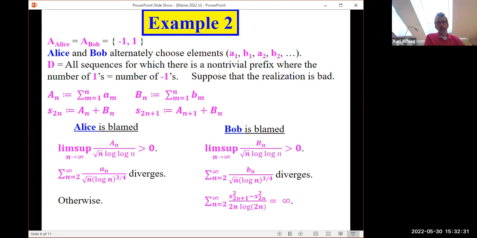Question: will this blame function also work if n is large but not infinite? If n is large, you could think about it here as D being the set of all sequences such that we return to the origin until stage 1 million.